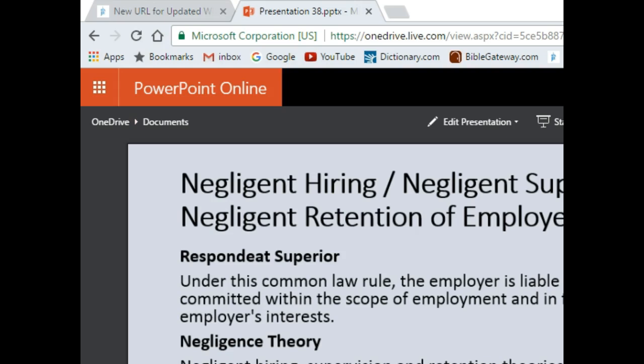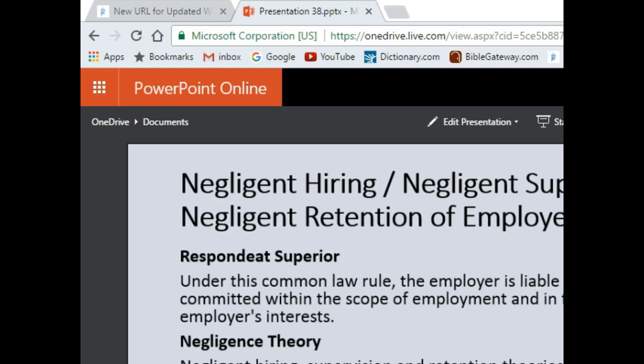Respondeat superior, we know what that means from our previous readings and study. It means let the master, which is the employer, respond to the acts of the employee. Now, under common law, the employer is liable only for those torts or actions that lead to injuries committed within the scope of employment and in furtherance of the employer's interest.